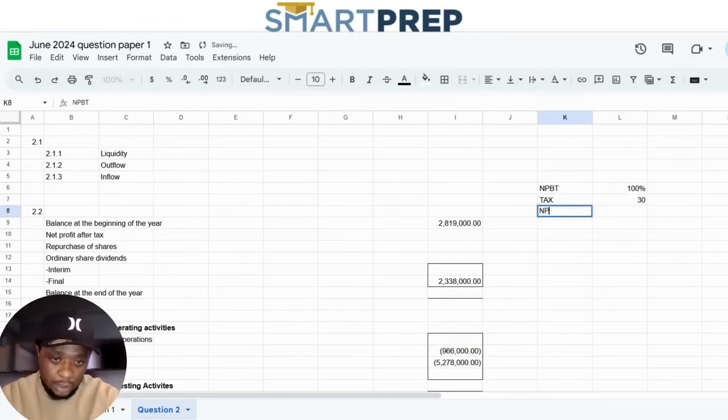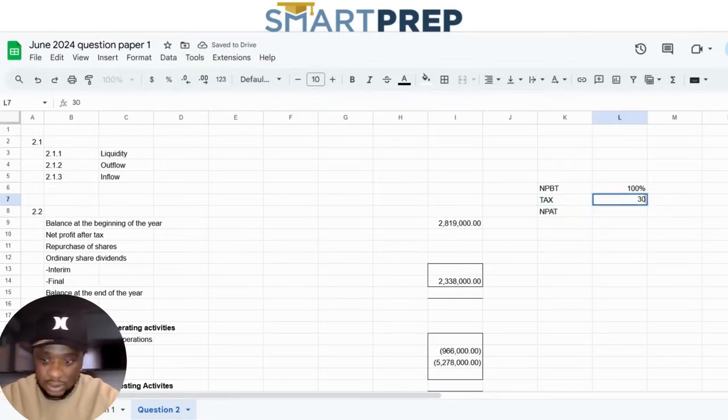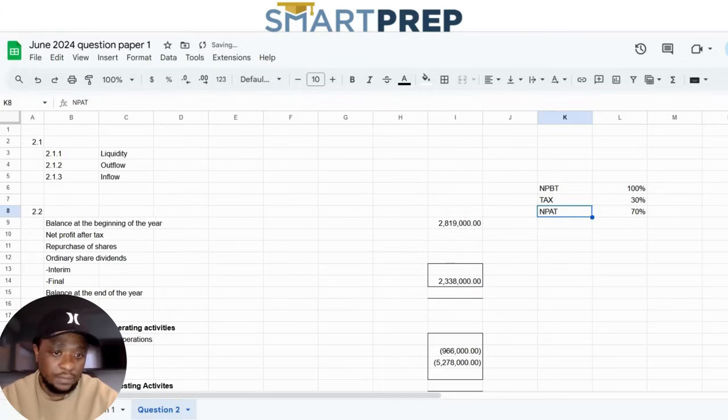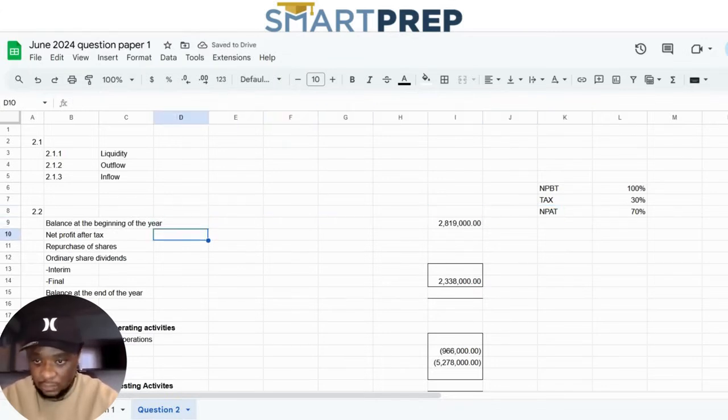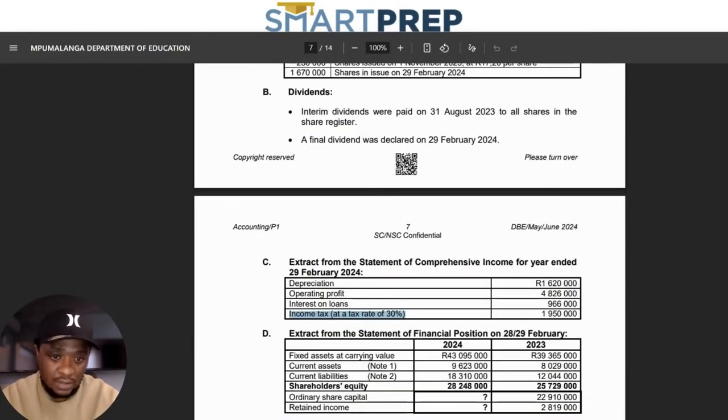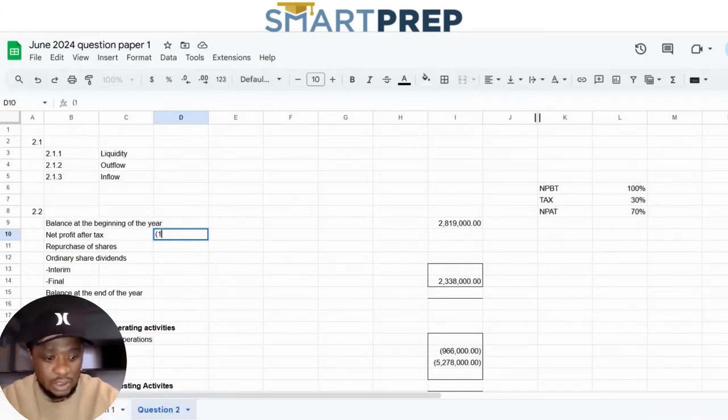And therefore your net profit after tax is going to be 70%. So to work out your net profit after tax, which is what we're looking for here, we're basically going to take our income tax, which is given as 1,950,000.